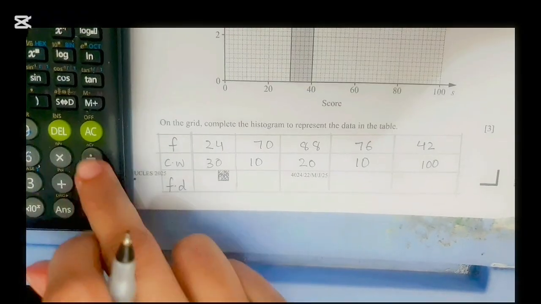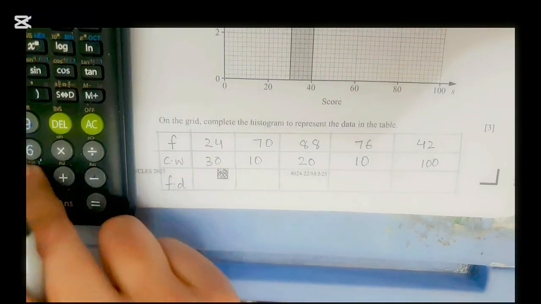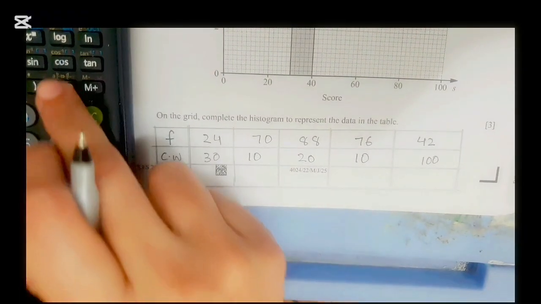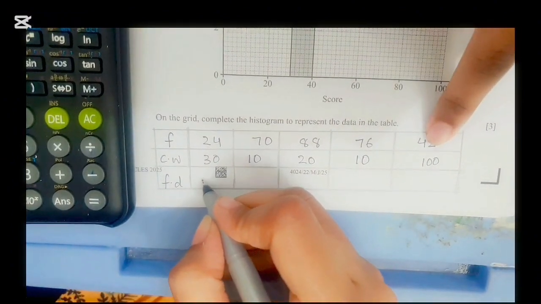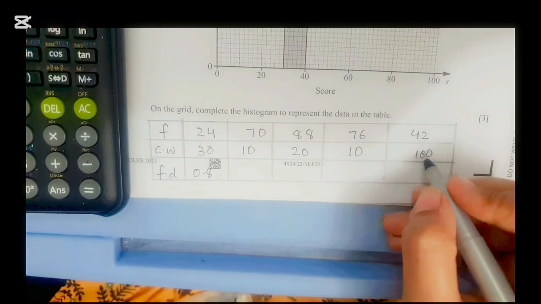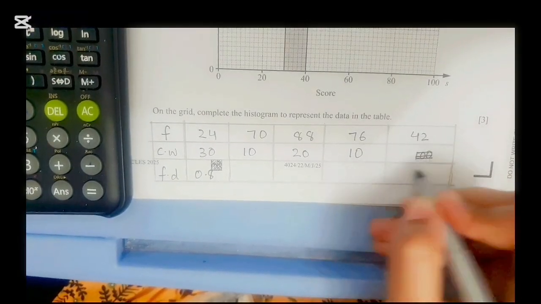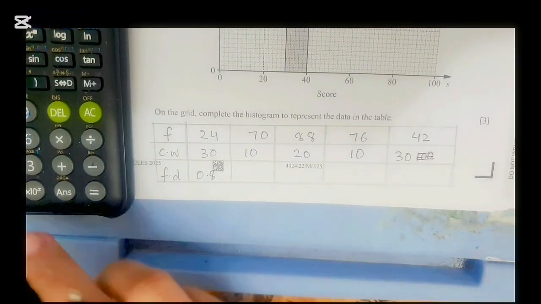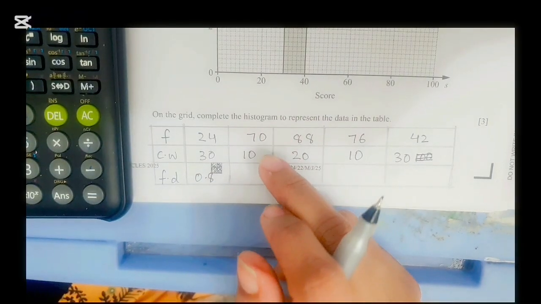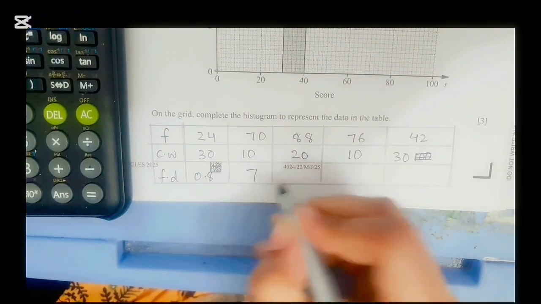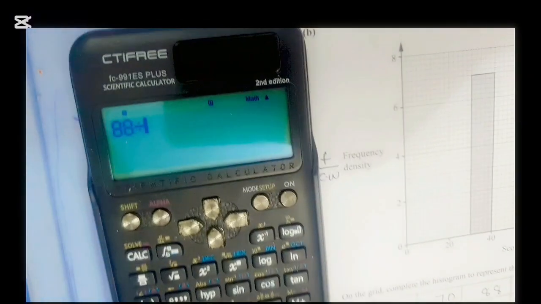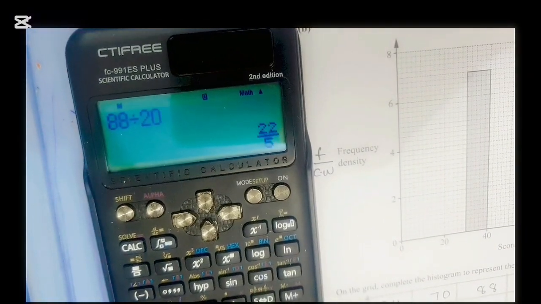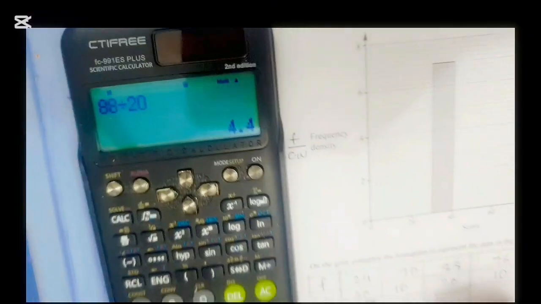24 divided by 30, so we'll get 0.8. Okay, sorry, I have written 100 over here, it's 30. Now divide 70 by 10, so we'll get 7. 88 divided by 20, so we'll get 4.4.